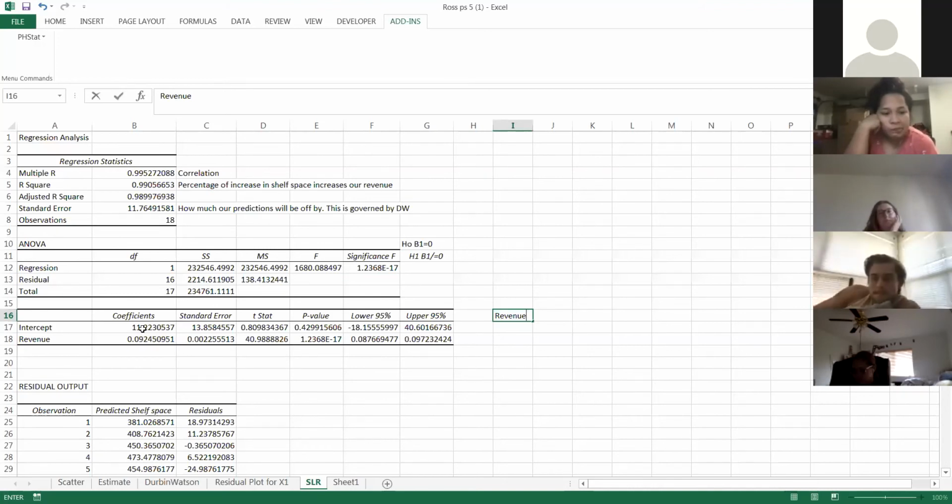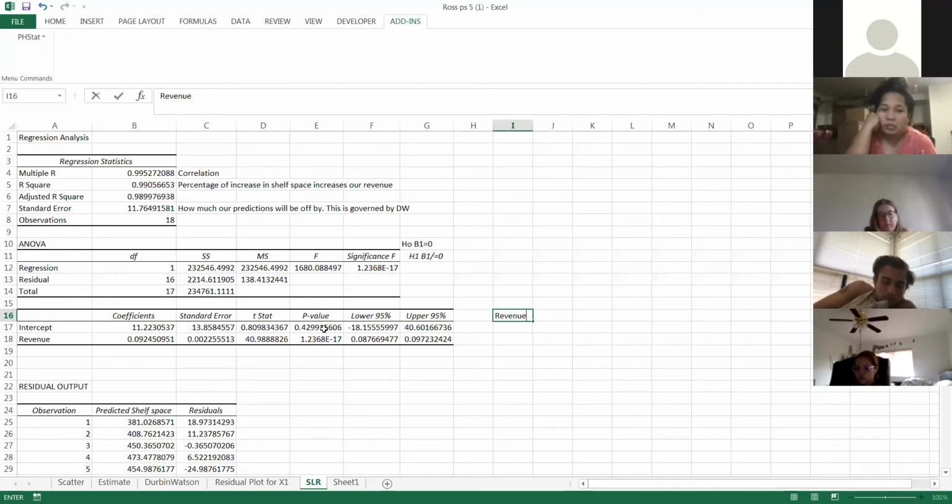That's telling us what we would make if shelf space was at 0. What's our intercept, right? If everything was at 0, where would we be? That's what that's telling us right here, okay? You with me so far? So it's telling us if we had 0 feet of shelf space, if this is in $1,000, we'd make $11,000, give or take $13,000.